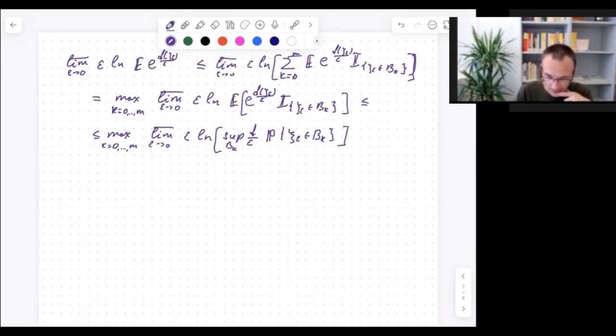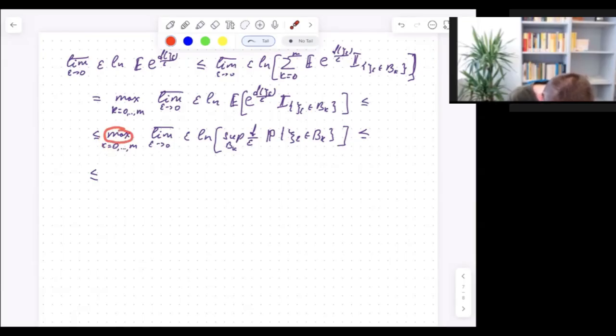Okay, good. And now I want to remark that it is less or equal. You see that here we have a maximum, and we take the maximum over all k starting from 0 to m. First of all, let's split this maximum into two parts. It is a maximum over k from 1 to m, and then the maximum with the case k equal to 0.